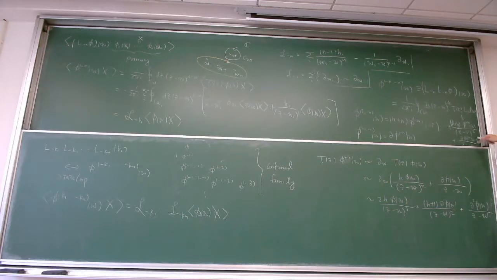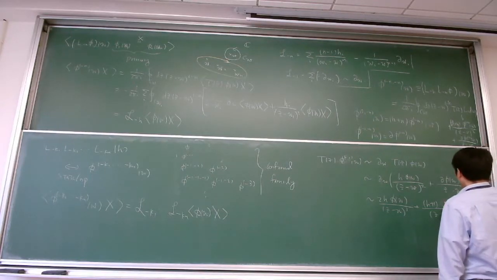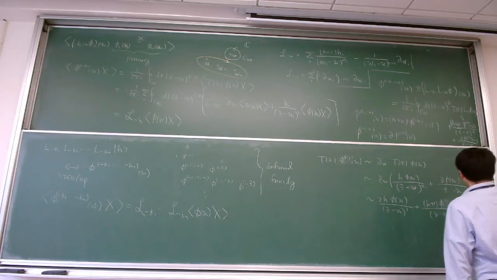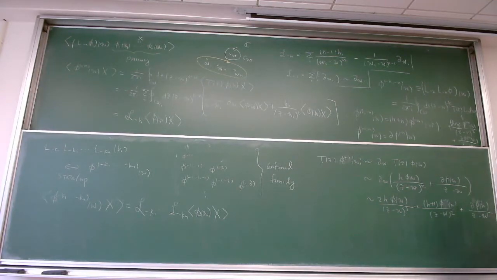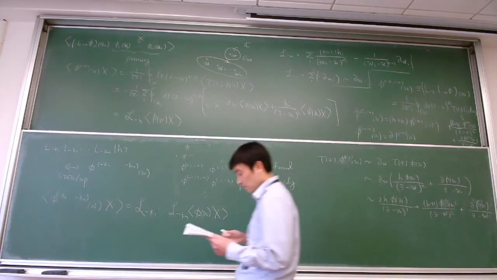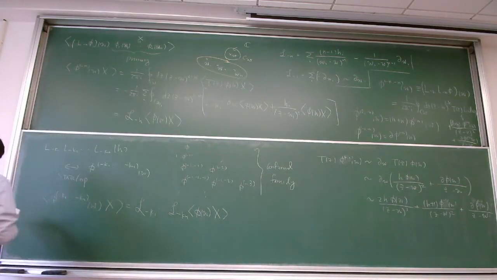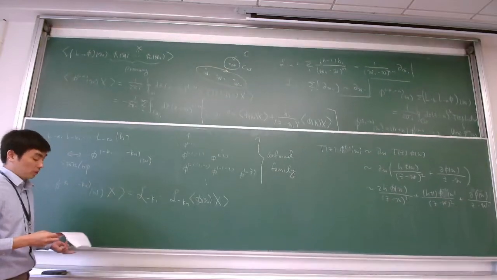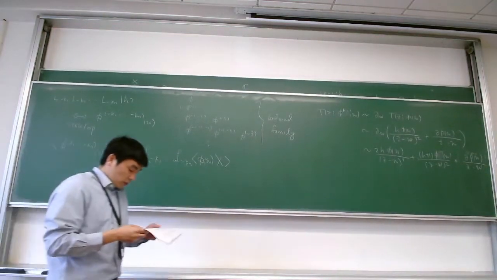Do you understand? More precisely, I can write this one as phi minus 1 and this minus 1. Any questions so far?